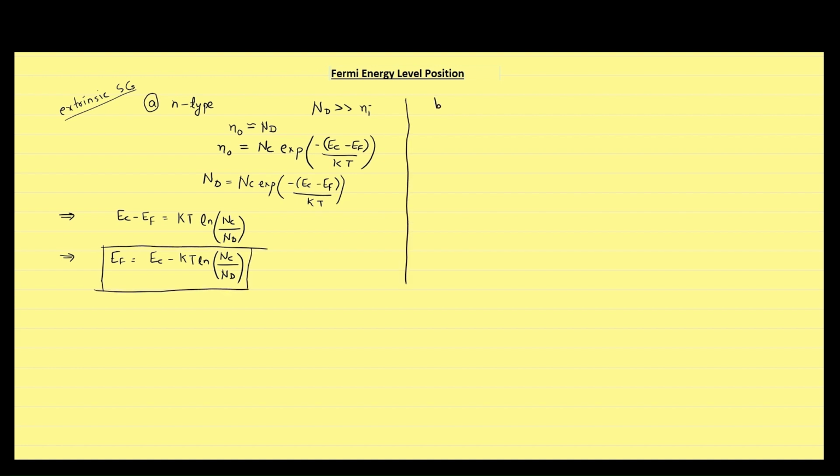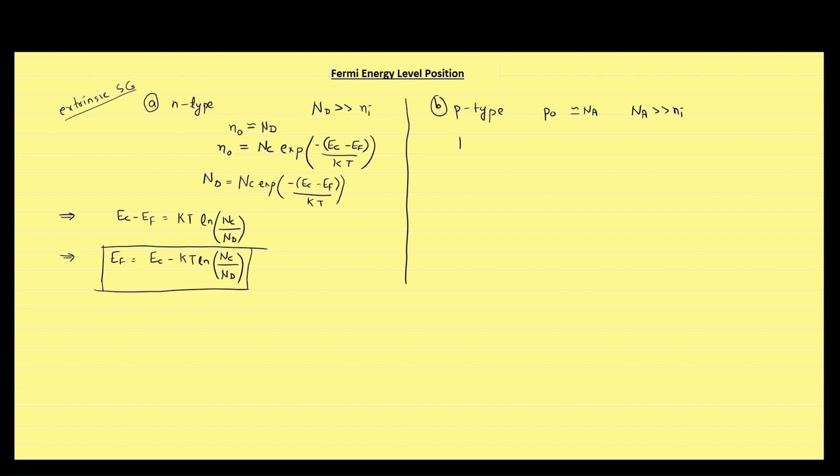Similar analysis can be done for p-type semiconductor. Here also we will assume that hole concentration is approximately equal to doping concentration and doping concentration is significantly greater than intrinsic carrier concentration.